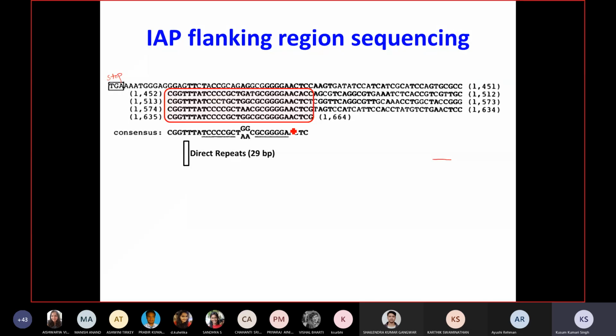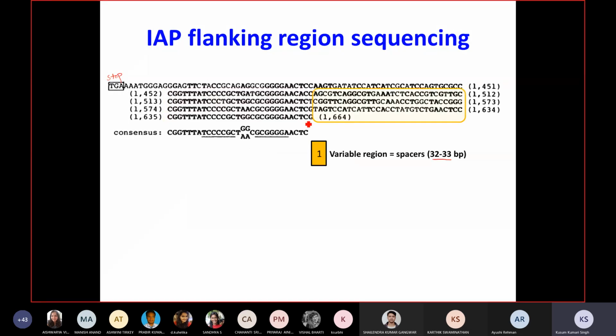So this was the first observation: a direct repeat of 29 base pairs and a variable region of 32 to 33 base pairs, reported for the first time by a Japanese group in 1987.